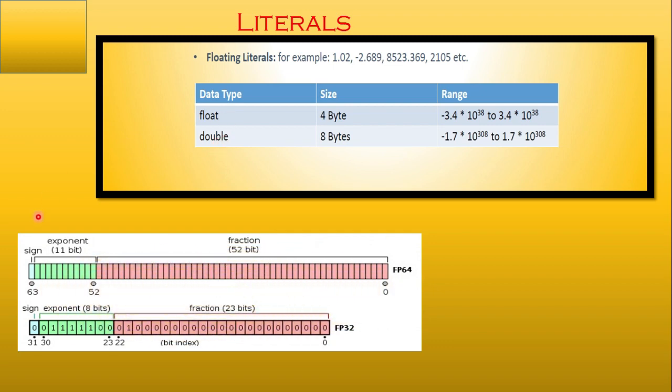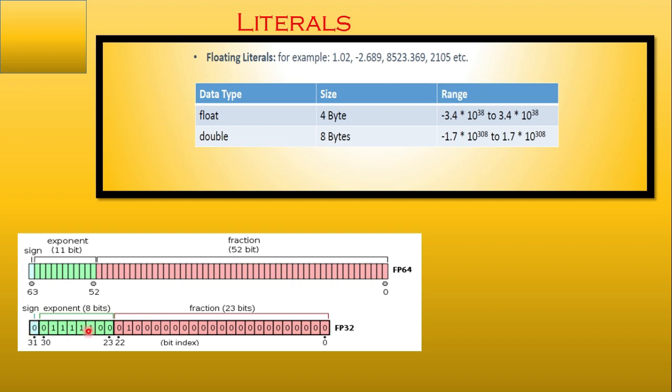Now look at this float and double, something I have to explain. See, I told you float is using total bits, that is 4 bytes means 32 bits. See, when you count from here to here, it will be 32, and every bit is 1 bit, second, third, fourth.